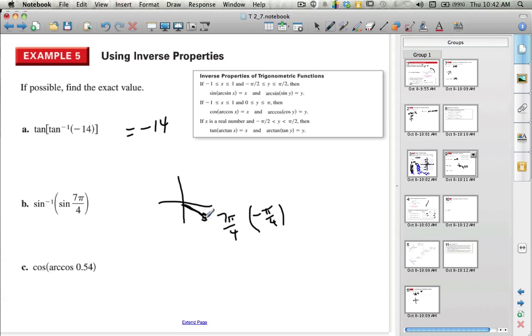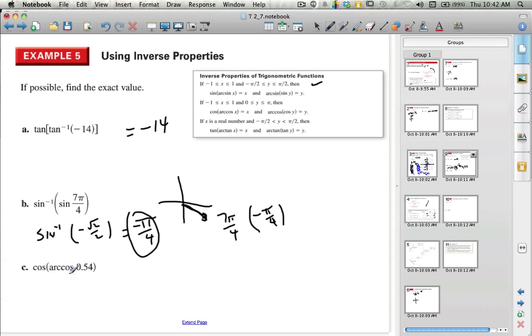Pi over 4, that's going to be like the 45-degree angle. I know the y coordinate's going to be negative. It's going to be -√2 over 2, right? Right, and that's going to get us on to -pi over 4. Okay, so if we can work with a coterminal angle, that will work out and keep us within these guidelines here.